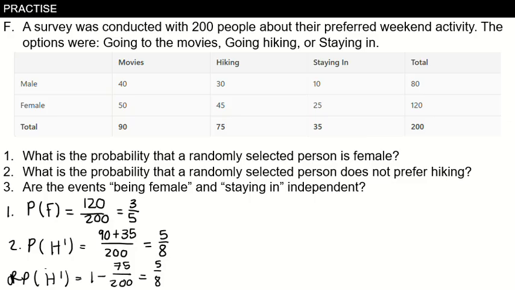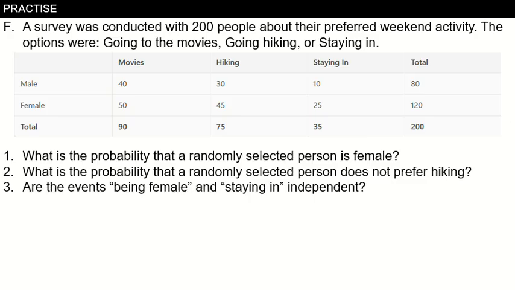Now question 3 asks, are the events of being female and staying in independent? If these events were independent, then the probability of being female and staying in would be equal to the probability of being female times the probability of staying in.